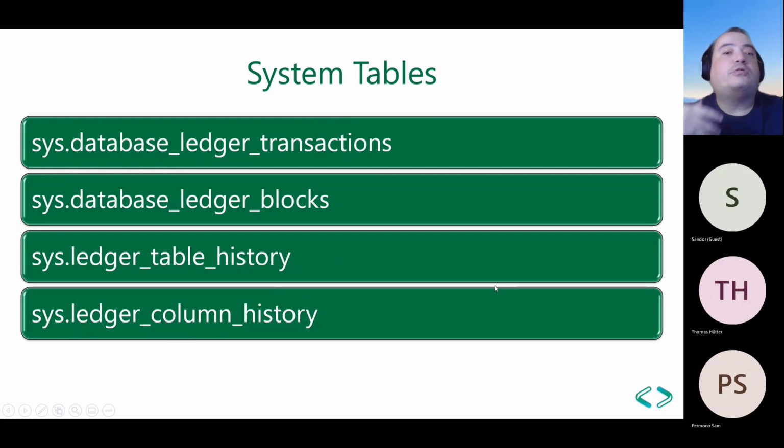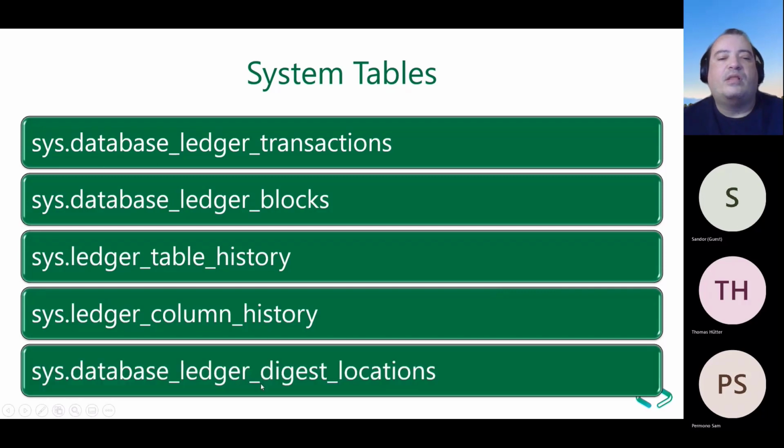So a possible attempt to falsify data would be to create a new table with the same name, or create a new column, or delete a column and create a new column with the same name. Everything is registered. No attempt to falsify the data would be untracked in the system.